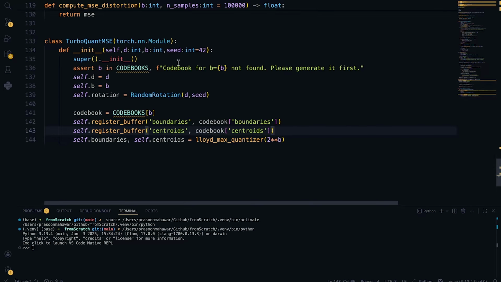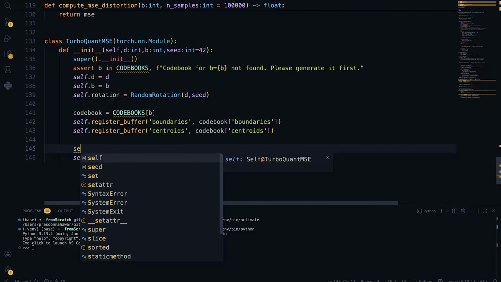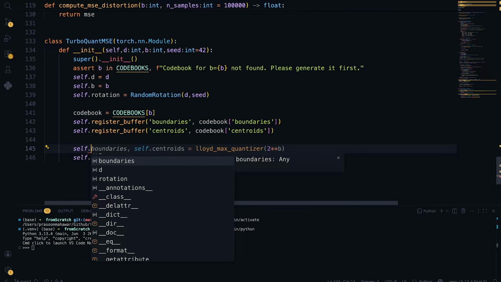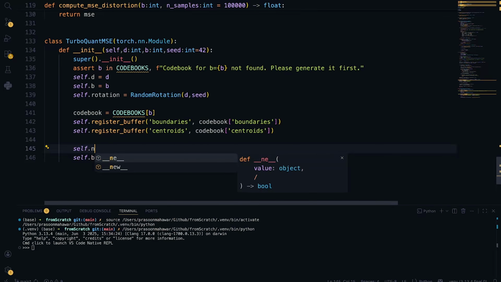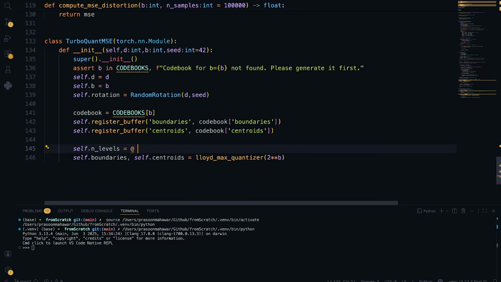Okay, and next will be self.n_levels equals 2 to the power b.